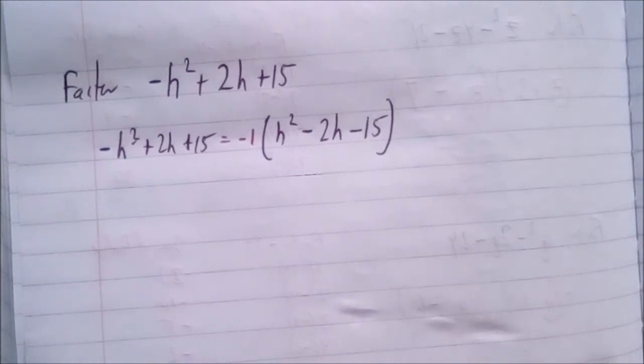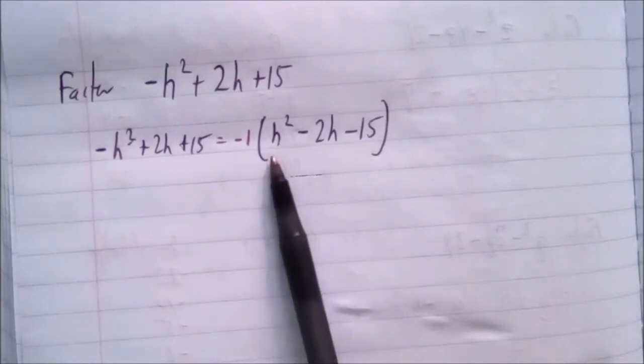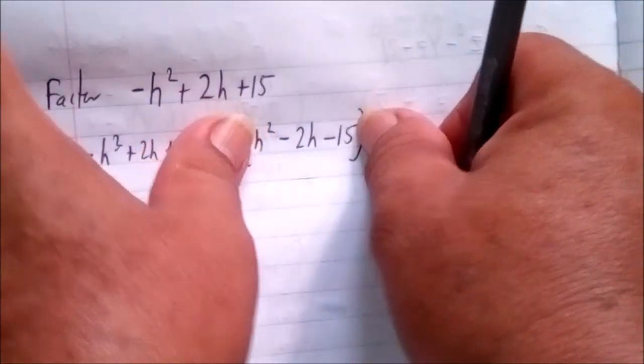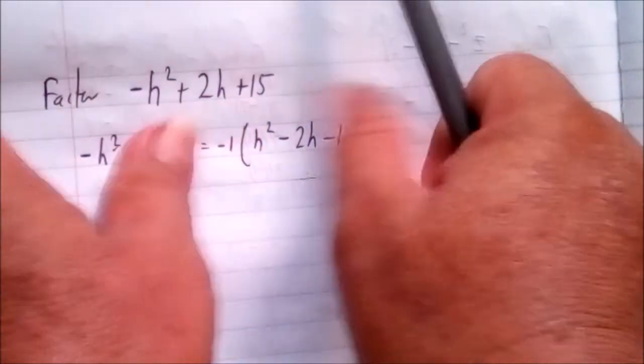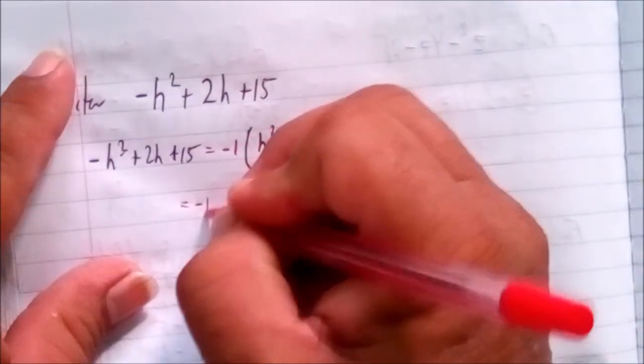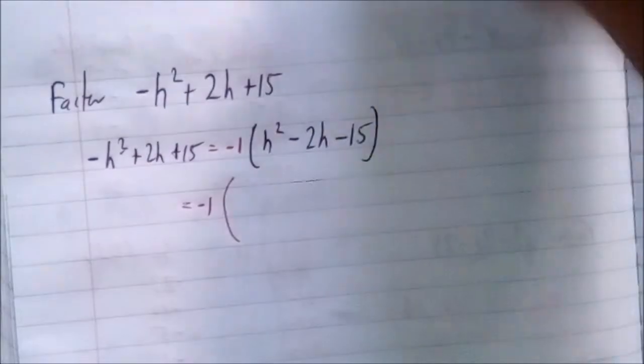Right? Now, we work with the inside problem. Just as how we were doing a while ago, forget about everything else, just worry about that inside piece. This negative 1 is still out there, so we're going to put here negative 1, and we put a big bracket.